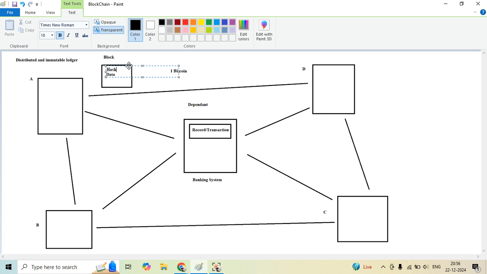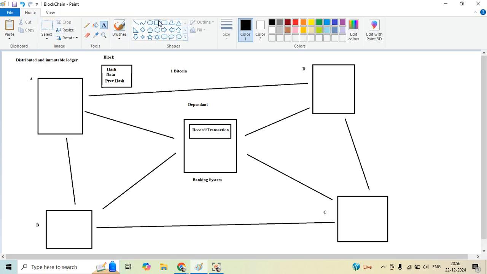Whatever be the size of the data, this hash will be of the same length, and the block will have a previous hash. This will be the hash of the previous block in the blockchain. Let's suppose A has sent B some data.